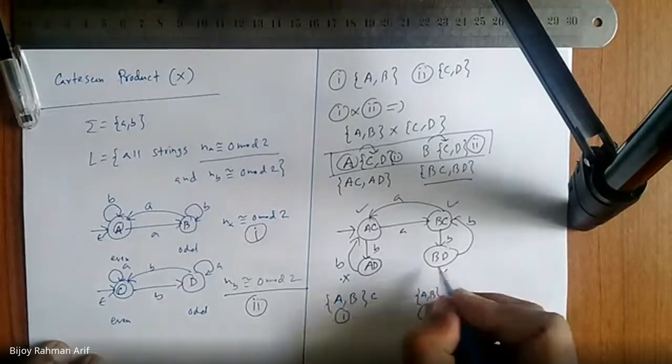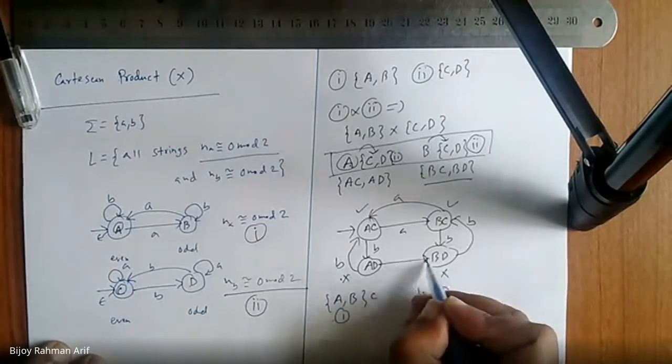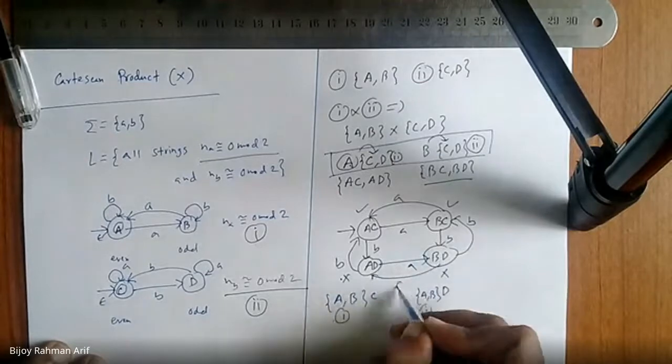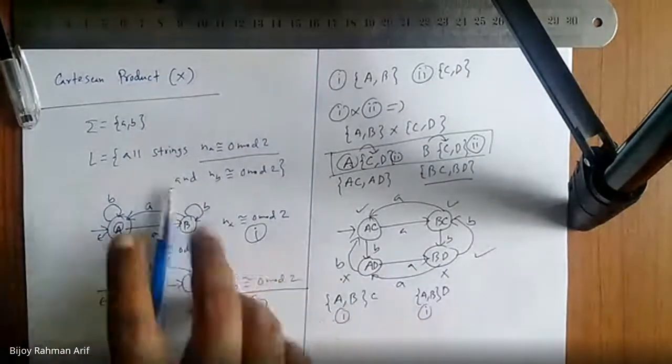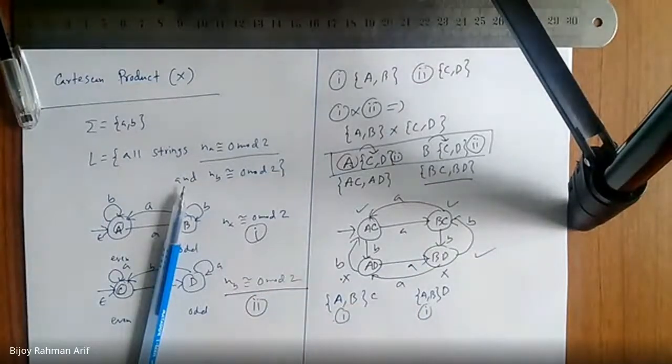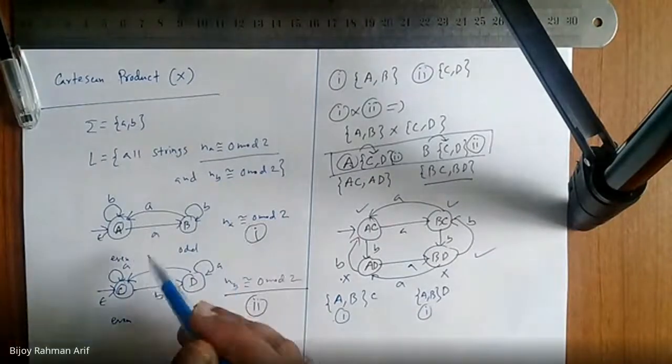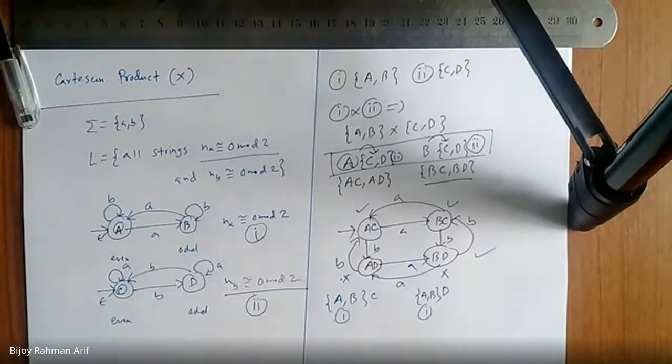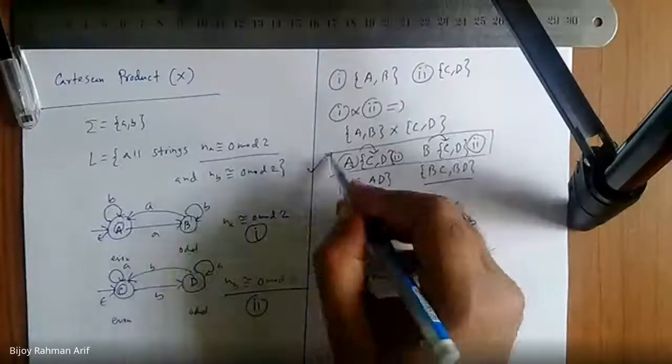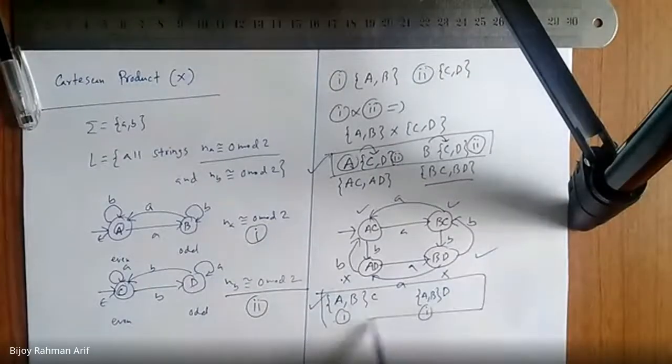So we have to complete this. If we complete this, we will get A. So now it is done. Is it clear to you guys? Then you do not need to compute even, odd again. Using this concept, you can easily draw the Cartesian product of two languages or finite automata.